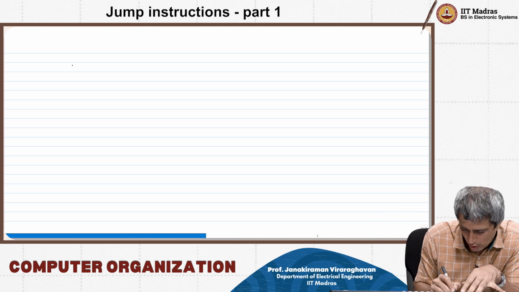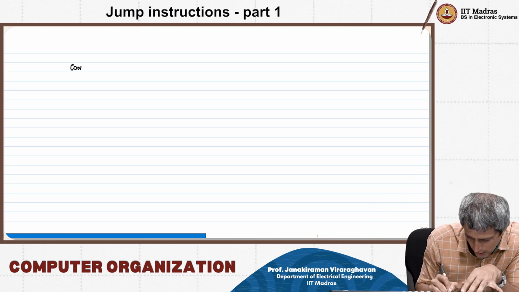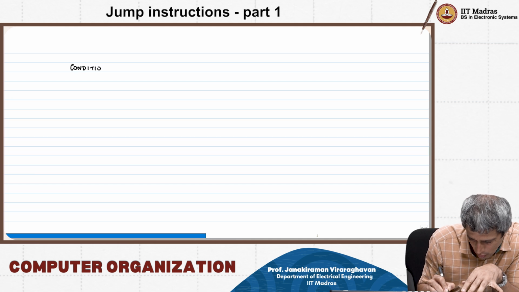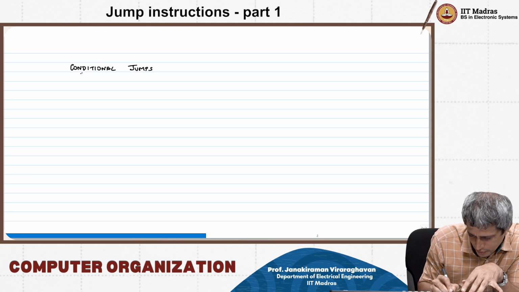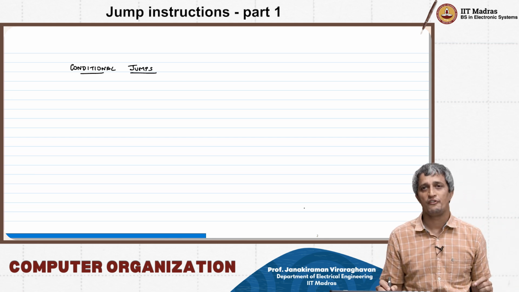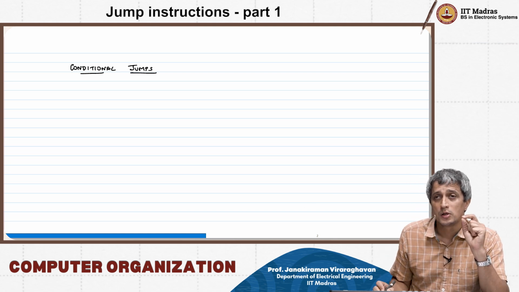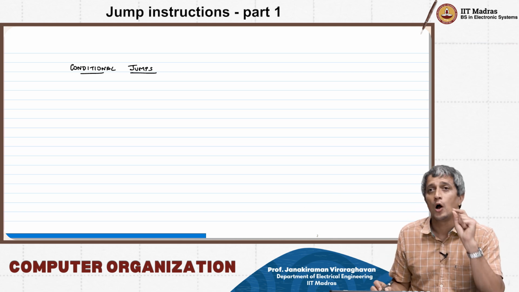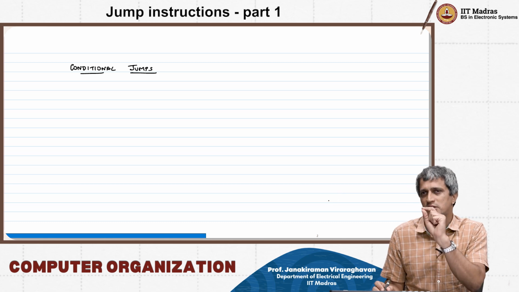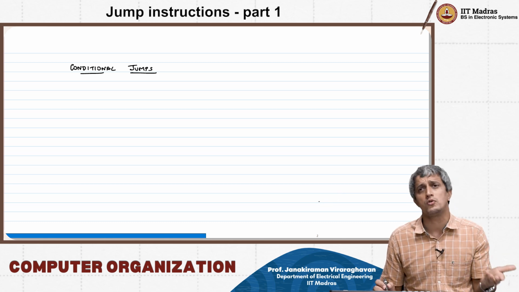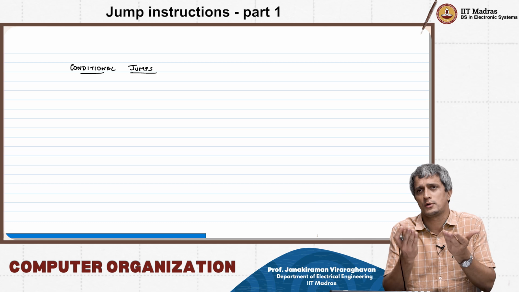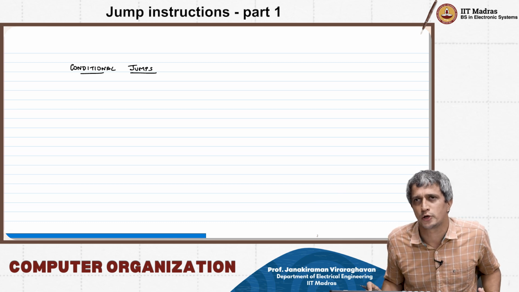And therefore you would have the idea of conditional jumps, where I want the jump to happen only if some condition is met. Otherwise, you just continue as if nothing is changing the path of execution.